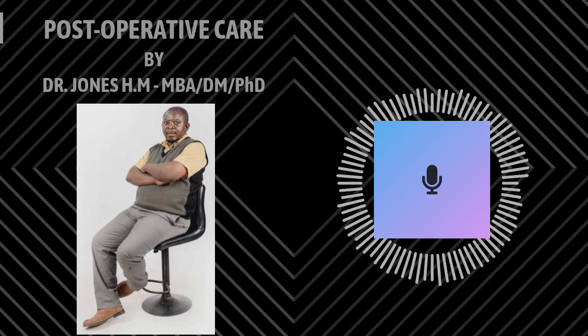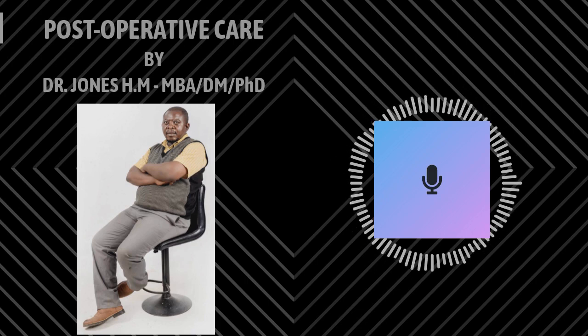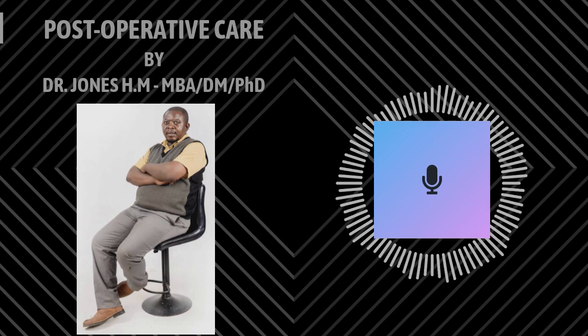E is for exercises. Early exercises promote healing. Early exercises prevent adhesion, especially for patients who went under general anesthesia and had abdominal surgery. So early ambulation is very important, and it reduces all the other stresses that come after surgery. R, we can talk of rest.